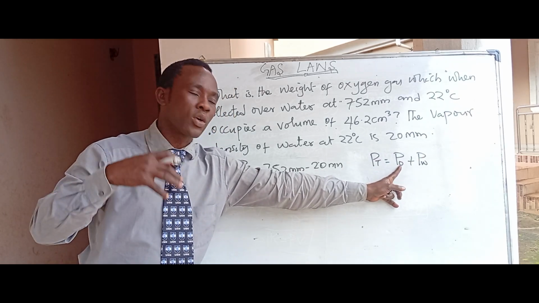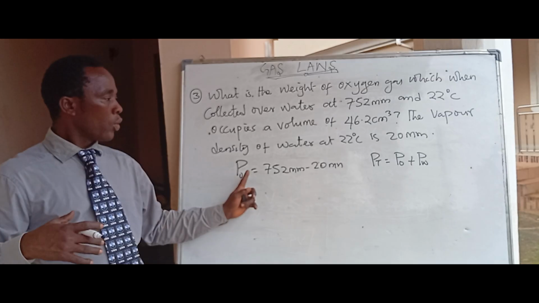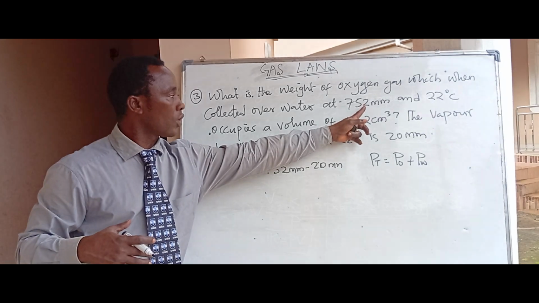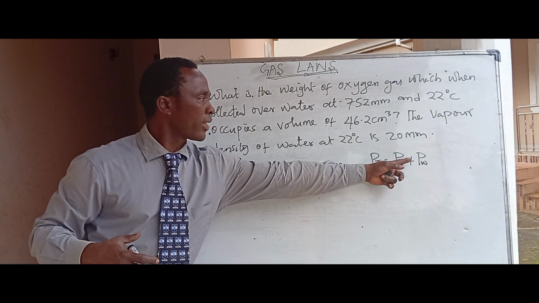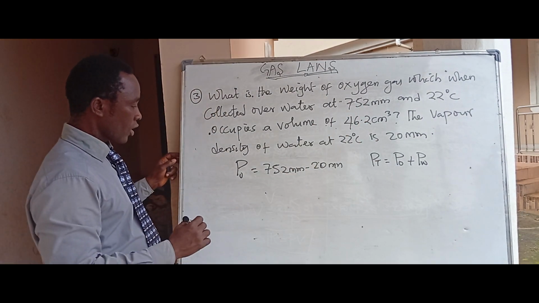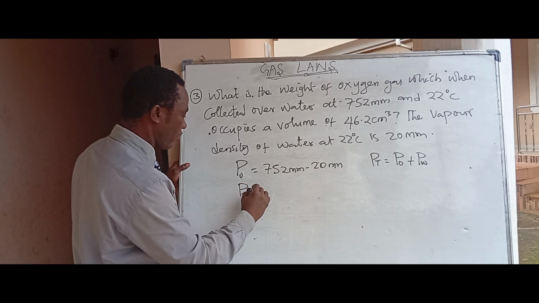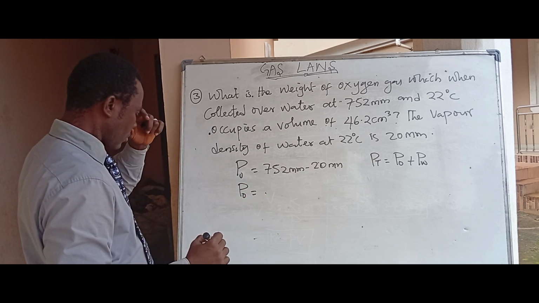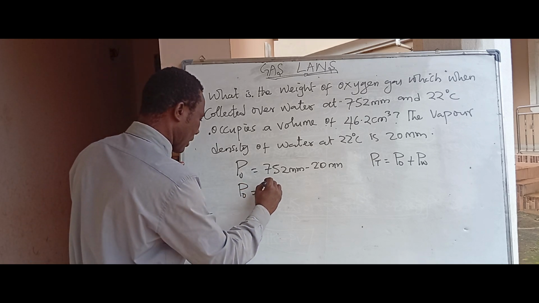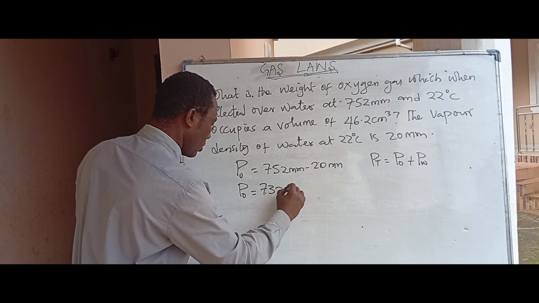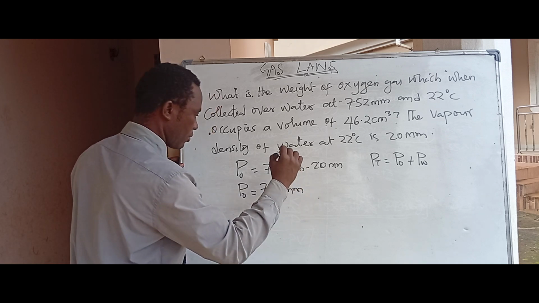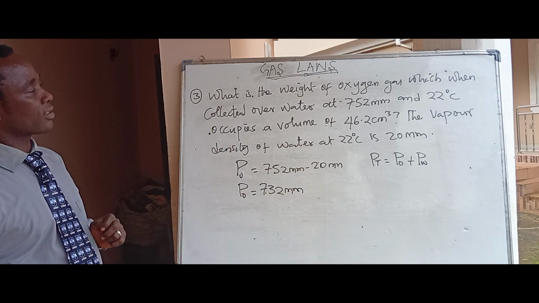That means the pressure of the oxygen, P of O2, will be equal to the total pressure given to us, 752, minus the pressure of water vapor. If we do that, the pressure of oxygen will be 732 millimeters. What are the other parameters given to us?